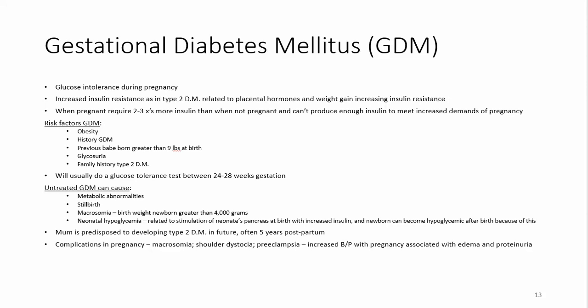It also puts women at risk for preeclampsia, eclampsia, which is that increased blood pressure that we talked about a couple of units ago, with the edema and proteinuria and that kind of thing. So this is a very real and very dangerous situation.